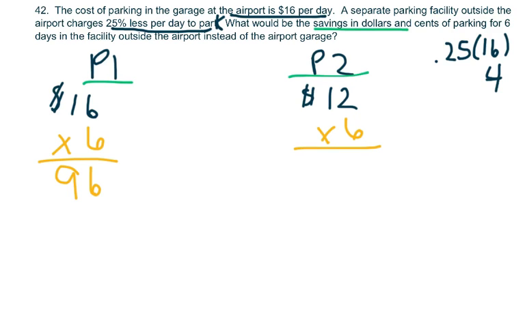And parking 2, I get 72. So parking 2 is a lot cheaper, but how much cheaper? You just subtract, and you get 24. So this is a very intuitive problem, and it's not one you want to skip just because it's not multiple choice.